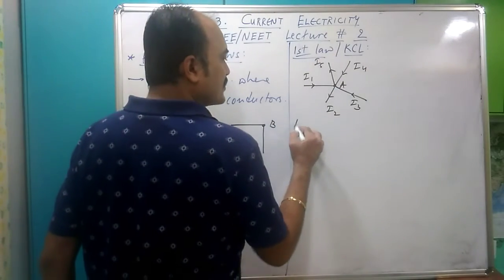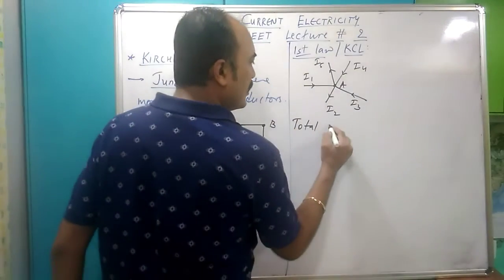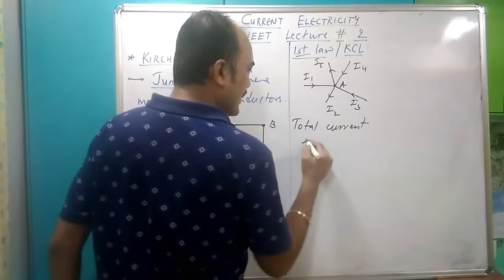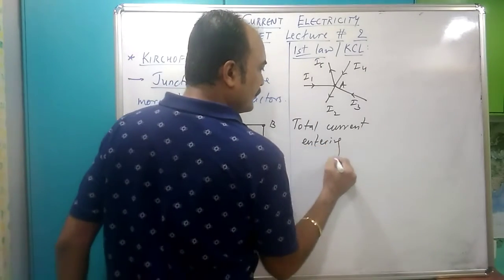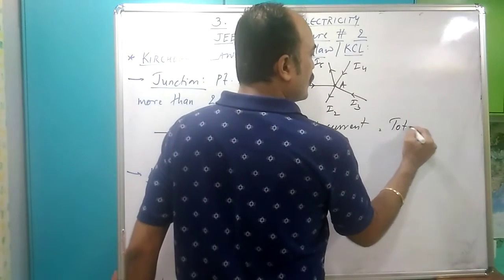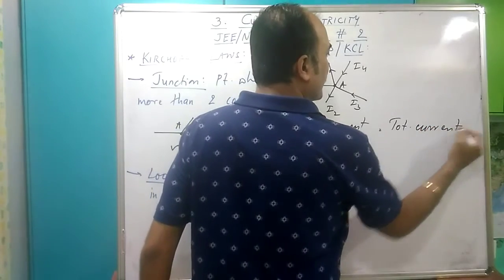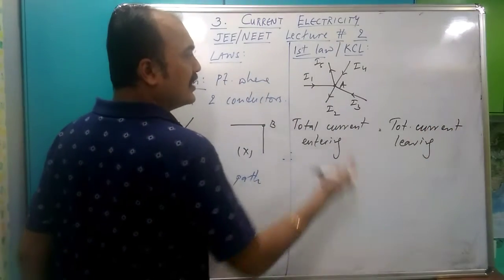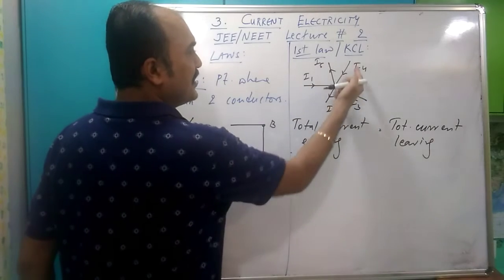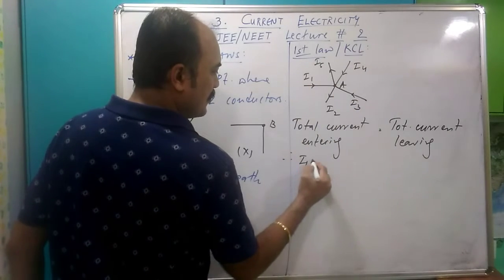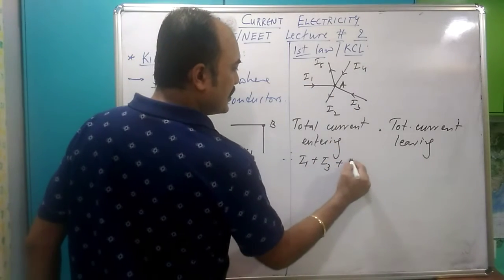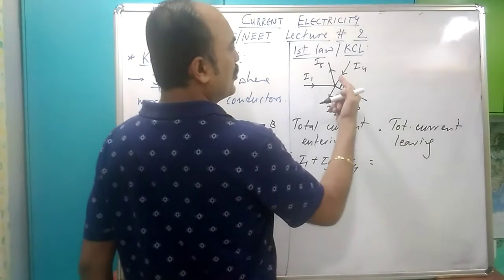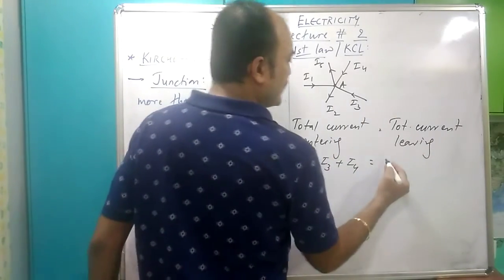So according to Kirchhoff's current law, total current entering the junction has to be equal to the total current leaving the junction. So how much is total current entering the junction? I1 plus I3 plus I4, and that is equal to total current leaving, which is I2 plus I5.